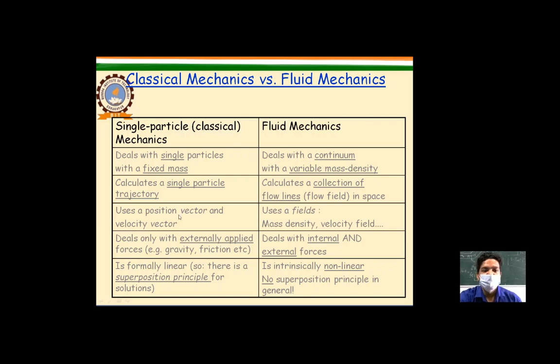Single particles use a position vector and velocity vector, while fluid mechanics uses a field, mass density as well as velocity field. Now, the fourth point is very important. If we talk about the single particle, we deal only with externally applied force.